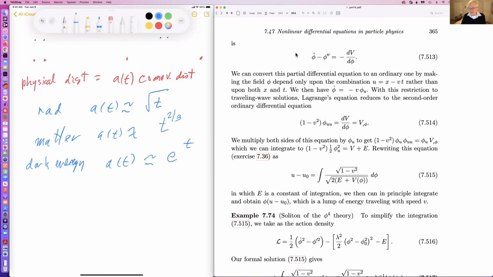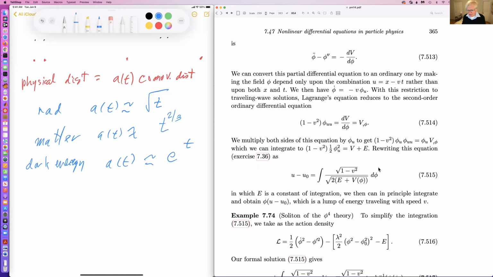And so Lagrange's equation becomes 1 minus v squared phi uu, that's the double u derivative, is the partial of the potential with respect to the field. You multiply both sides by the first derivative of the field with respect to this new independent variable u, you get this equation, which you can integrate to that, where E is a constant of integration.